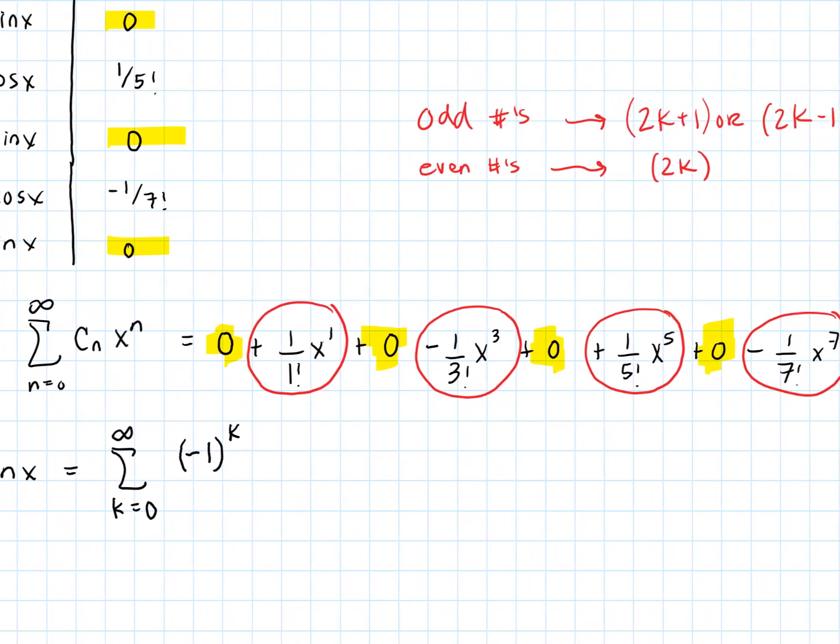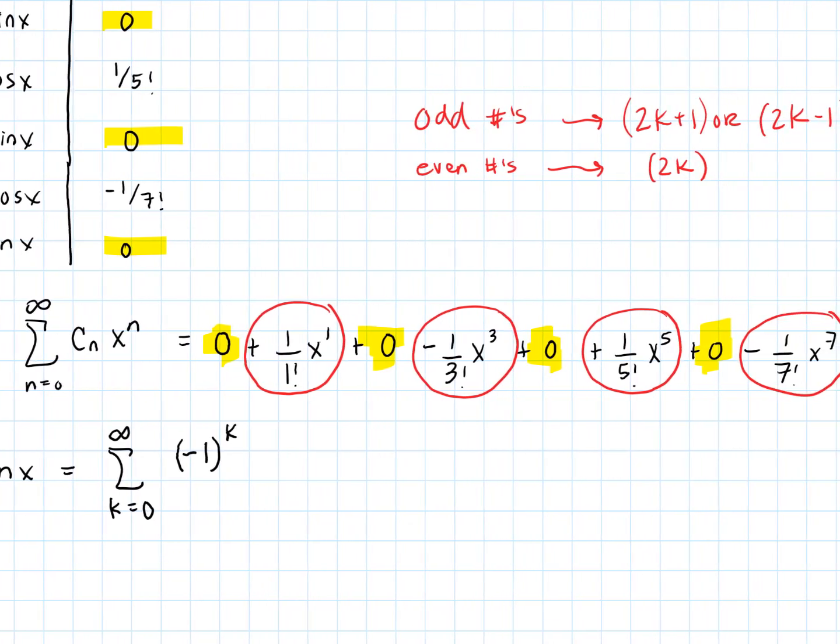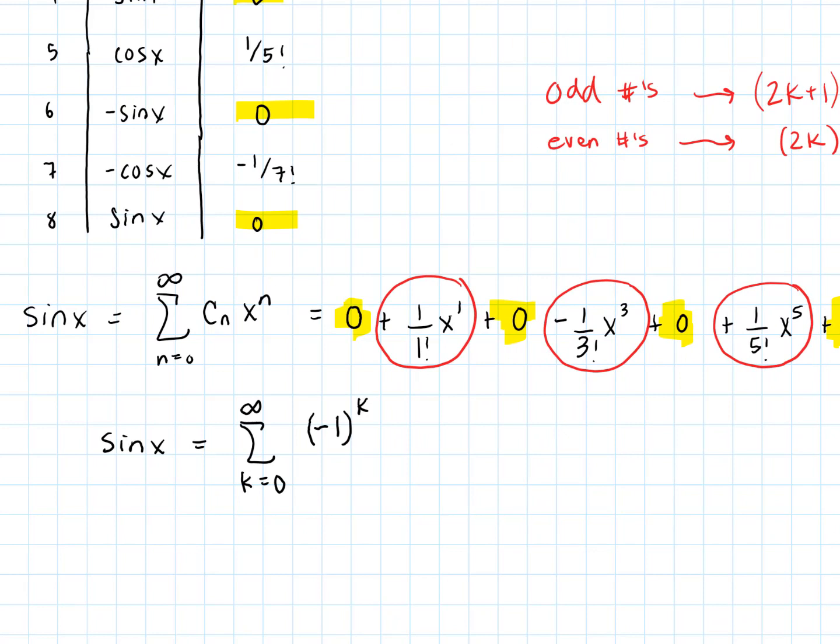So notice that the powers and the factorials match, and they are odd numbers. So we would write this as x to the 2k plus 1 divided by 2k plus 1 factorial. Since our k is starting at 0, that will give me my first term with x to the first and 1 factorial, and then my next term will be the next odd number, x to the third over 3 factorial, with the appropriate switch going on.